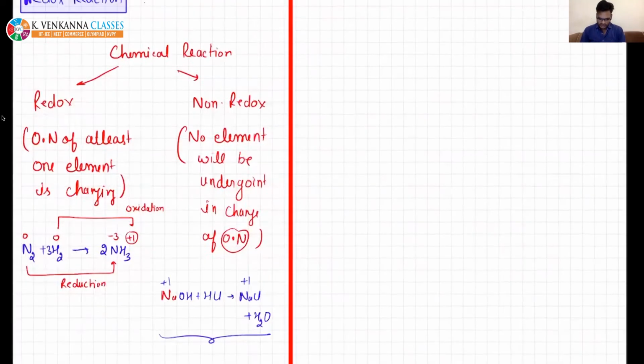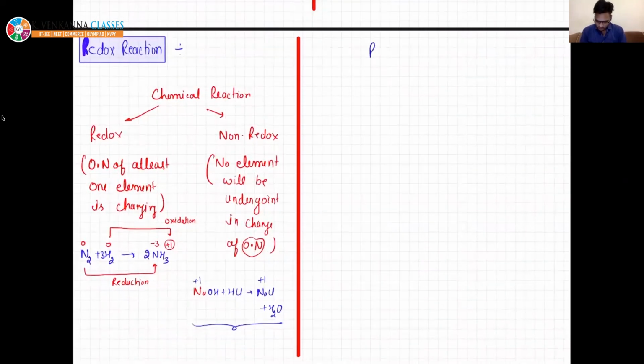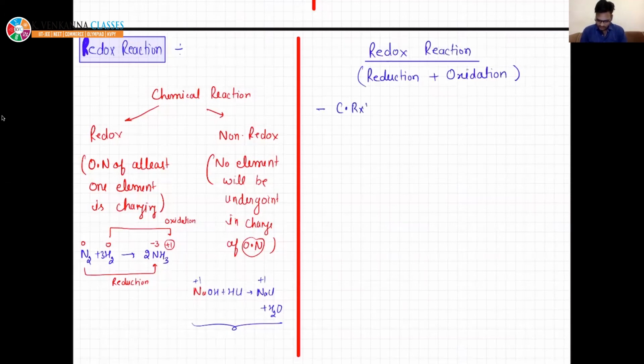Redox is made up of two words: reduction plus oxidation. So in the same reaction, reduction as well as oxidation is taking place. A chemical reaction in which oxidation as well as reduction is taking place simultaneously.